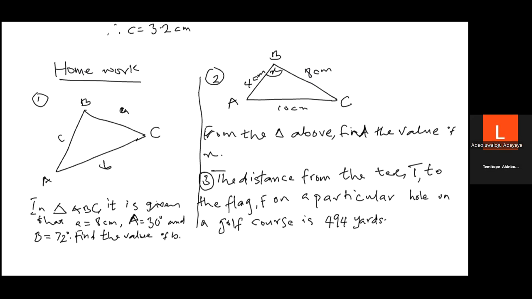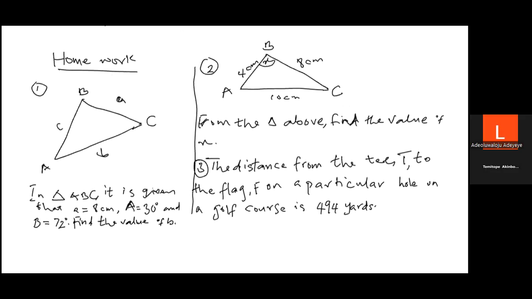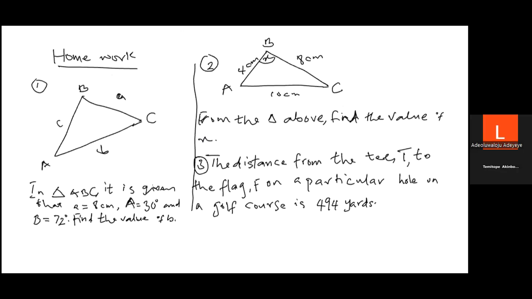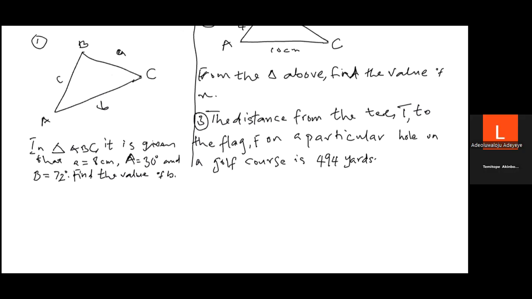Are you done with question 2? Yes, sir. I've done question 2. Okay. Oh, the distance from the what? The T, the tee. These are terminologies used by golfers. So the distance from the T to the flag F on a particular hole on a golf course is 494 yards.